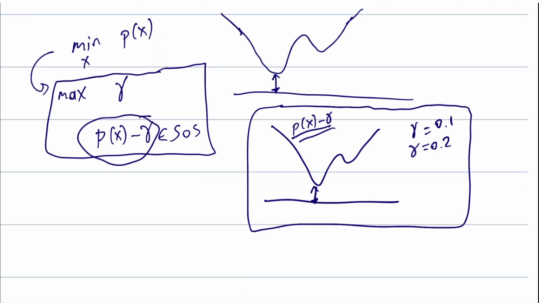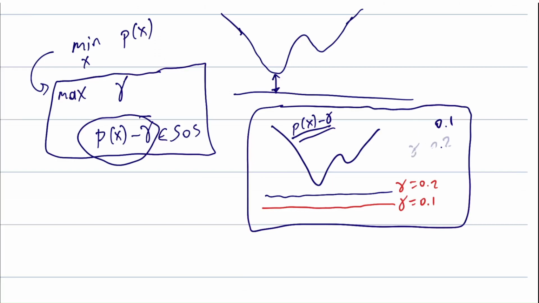Now I should make it like this, like it used to be here. Maybe let me get another color. This is for gamma equals 0.1 and this is for gamma equals 0.2. Again look at the polynomial. Is this SOS?